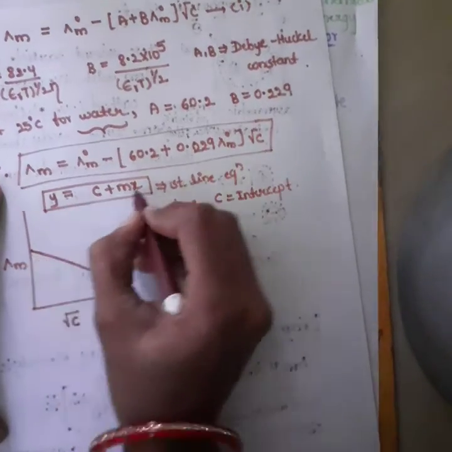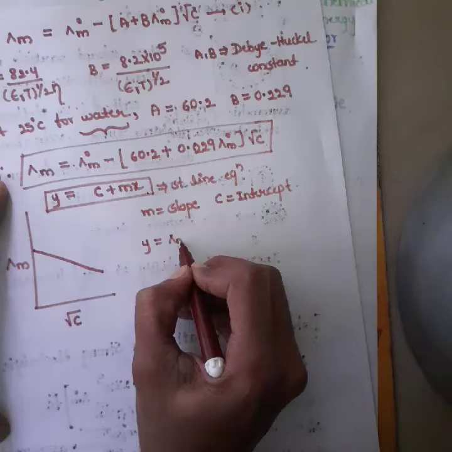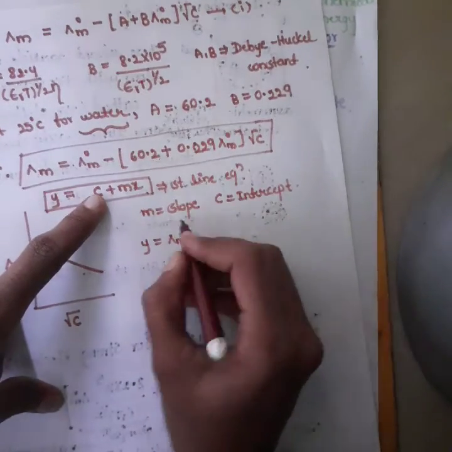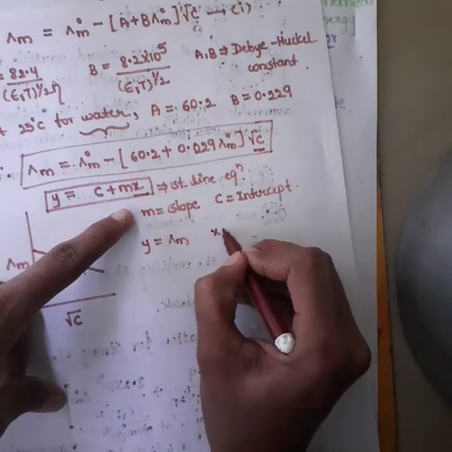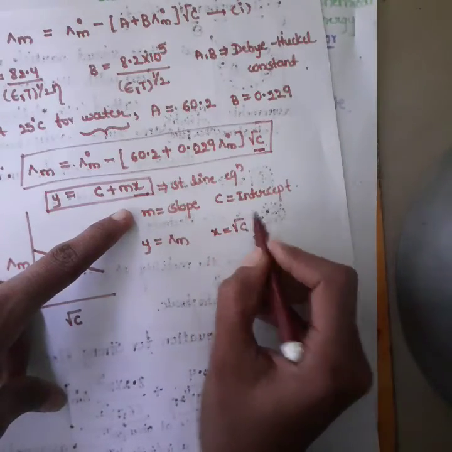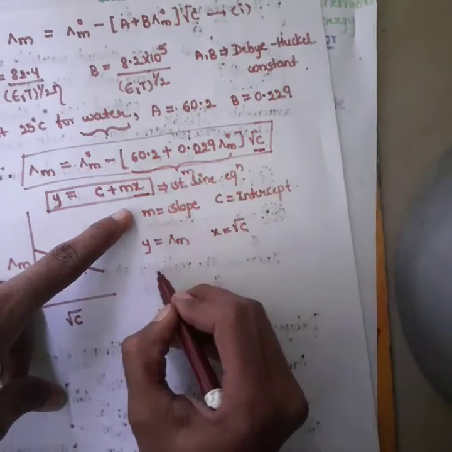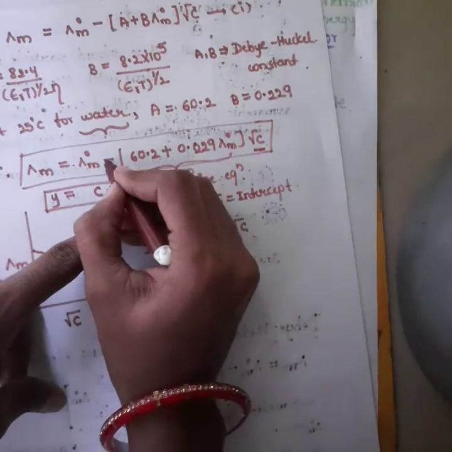Here compare this equation with the straight line equation, where y is equal to lambda m and x is root c. This whole term is m, with the minus sign.